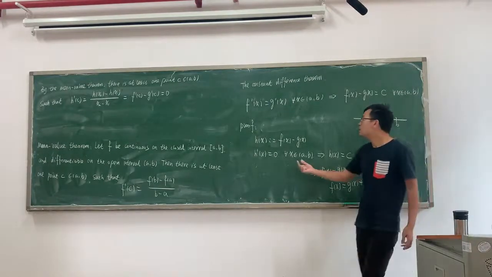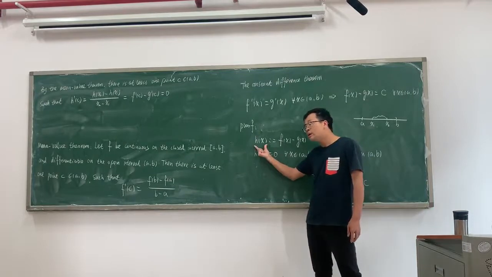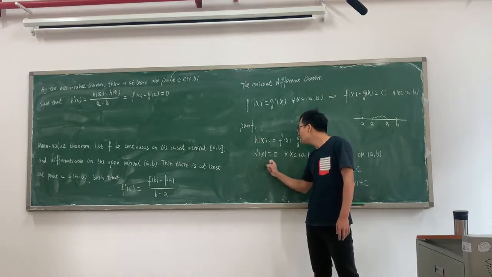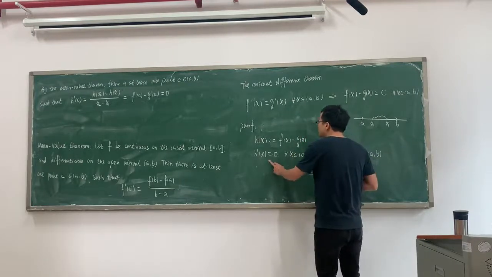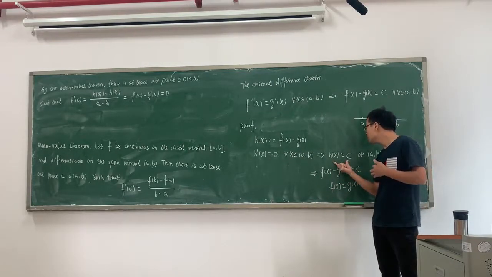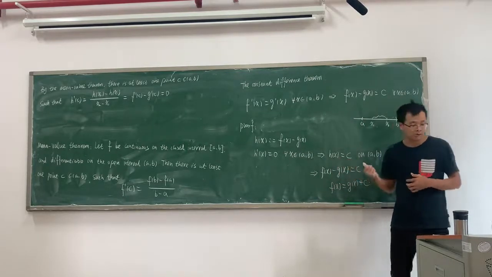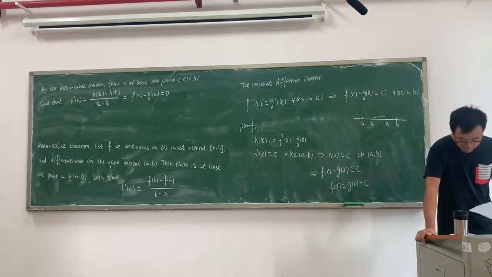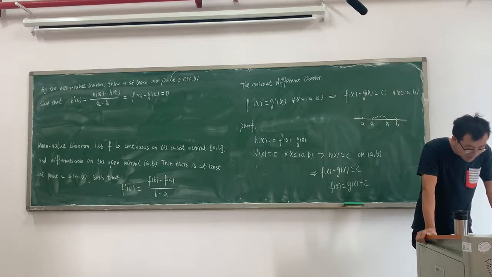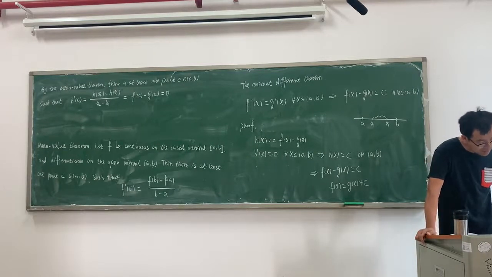Because the new function is the difference between f and g, h prime equal to 0. So we have h equal to a constant. Now this is the constant difference theorem, okay? So now we give an example.